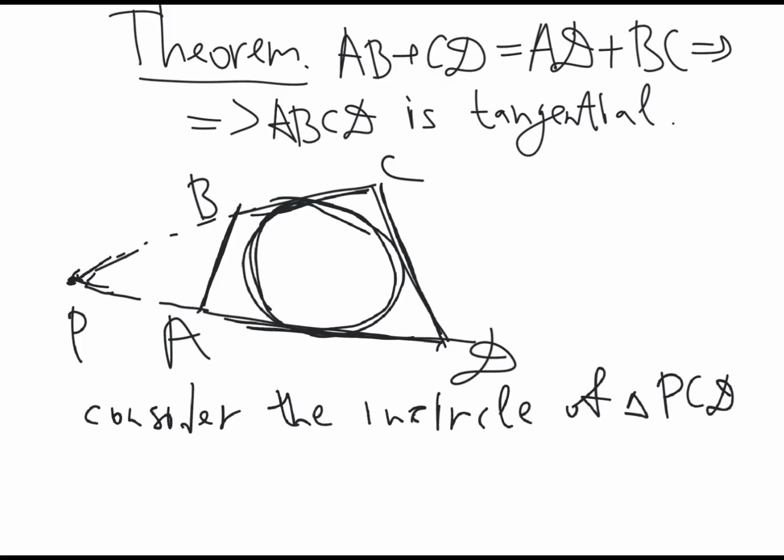But what we will do is draw a tangent from B to this circle. One tangent is BC, but we draw another line that is tangent to this circle, something like this. It touches this circle.